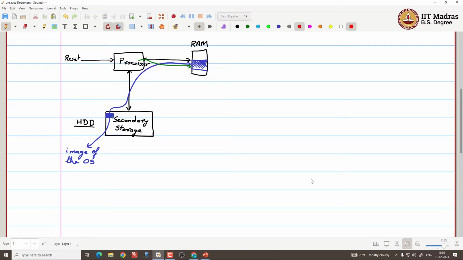For example, the attacker could possibly tamper with this image of your operating system stored in the secondary storage, and therefore when the processor starts its execution, the bootloader that loads the kernel or the OS image from the secondary storage into RAM would also load a tampered image, right? Now this can be bad because now your operating system itself that executes is tampered.